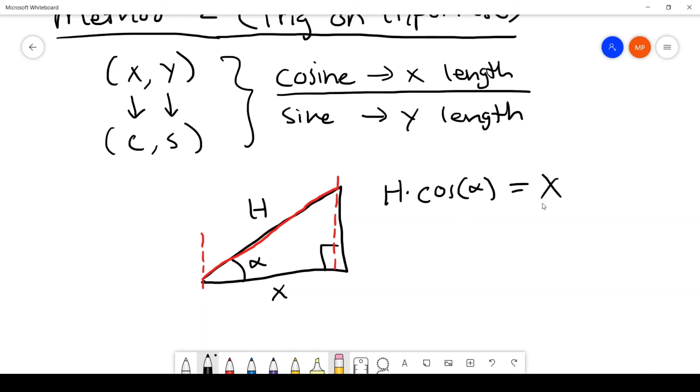I'm going to say x, but I'm also going to denote that this is actually the adjacent side of alpha.